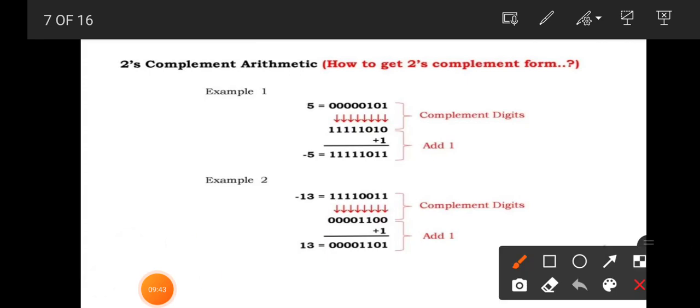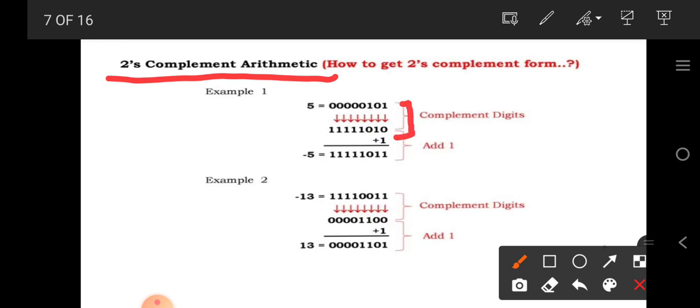This is the binary number for 5. Now if you want to take the two's complement, you first have to take the complement of the number and then add 1 to the complemented form. So you will get the 2's complement of that number.